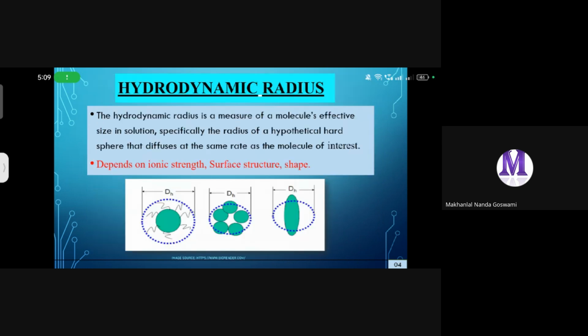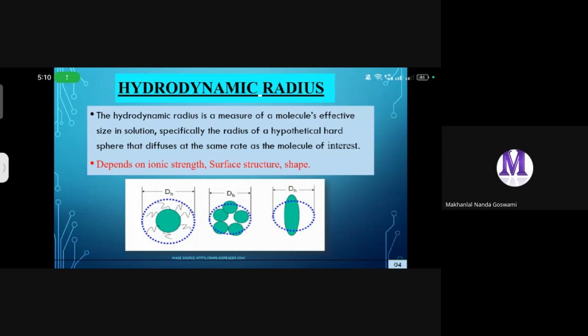Moving ahead, we have the hydrodynamic radius. The diffusion coefficient is related to the hydrodynamic radius through the Stokes-Einstein equation. Let us know what is hydrodynamic radius. The hydrodynamic radius is the effective size of a molecule in solution, defined as the radius of a sphere that diffuses at the same rate as the molecule.